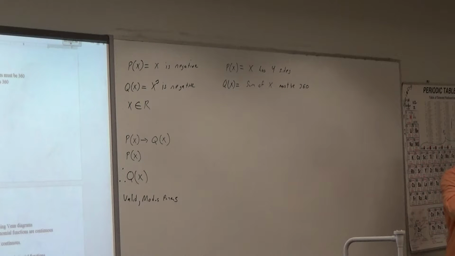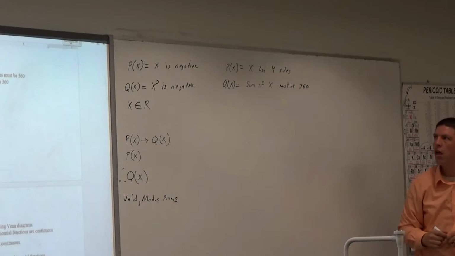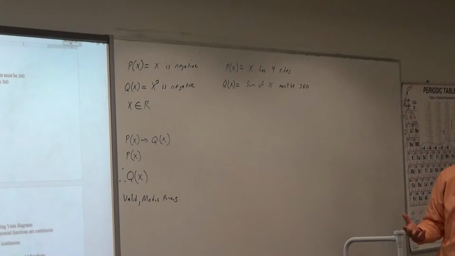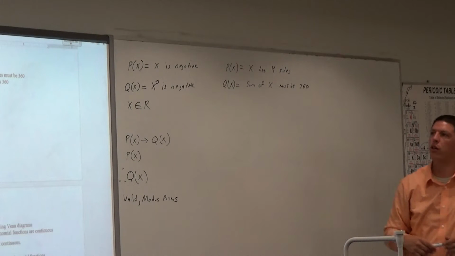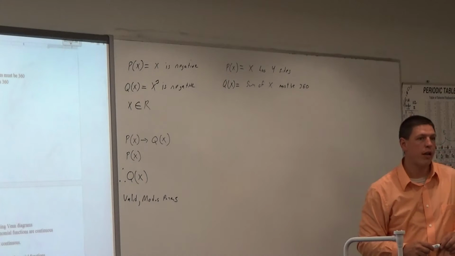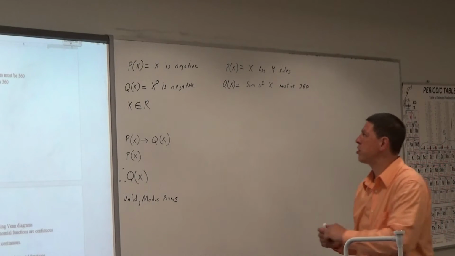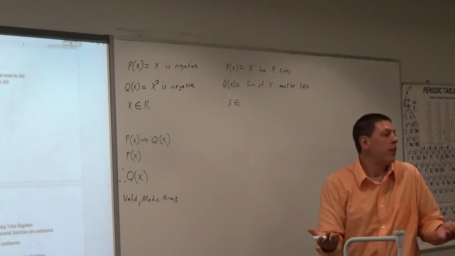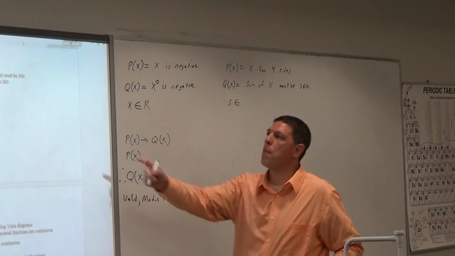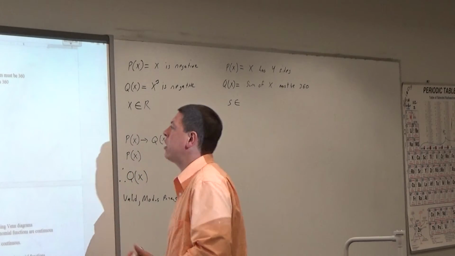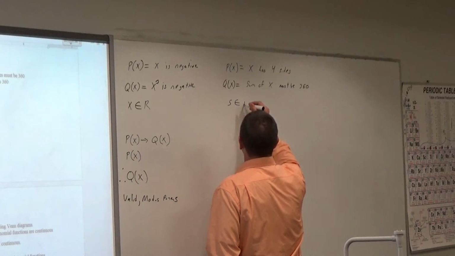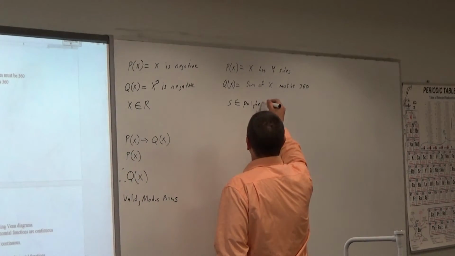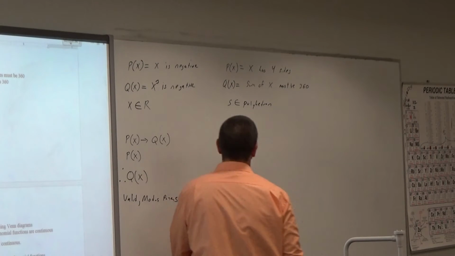There's one other thing we have to define. We have to define something that we're going to plug in for X. So what should we define by looking at our problem? S, right guys? We have a particular polyhedron S. So we're going to say S is an element of polyhedrons, right guys? Because that's the domain that we're looking at. We're saying a particular polyhedron. So S is a polyhedron.